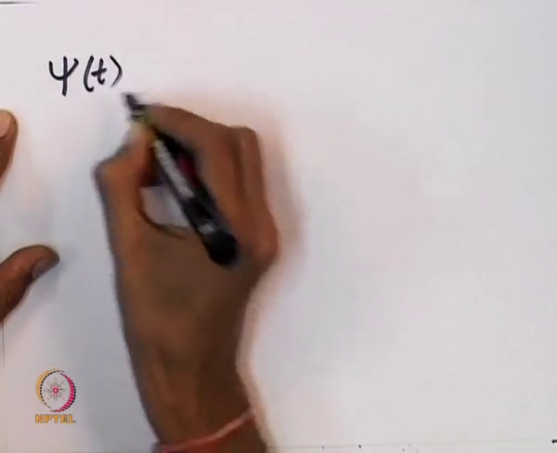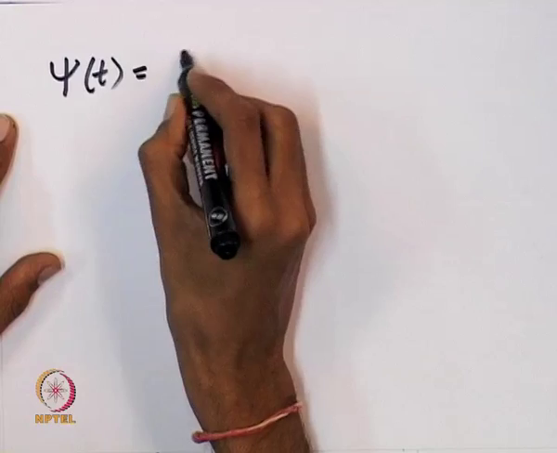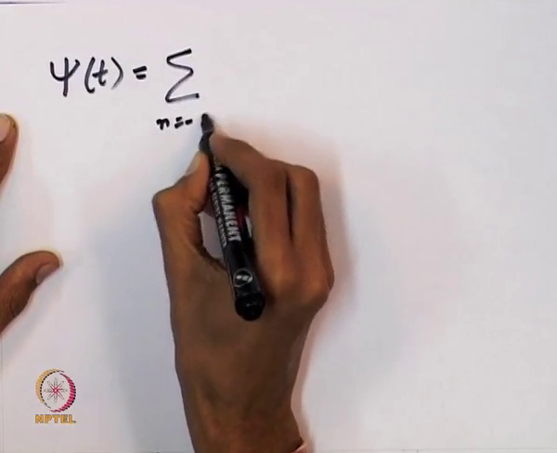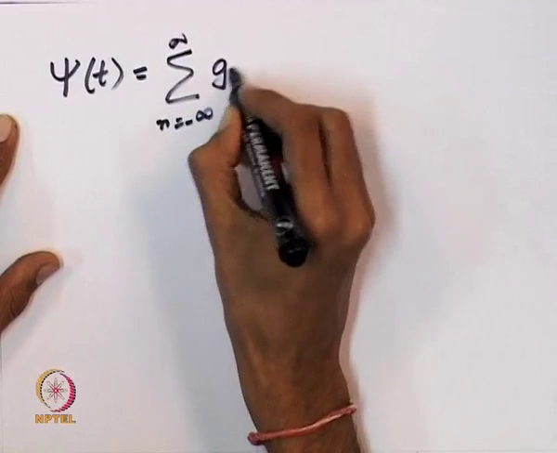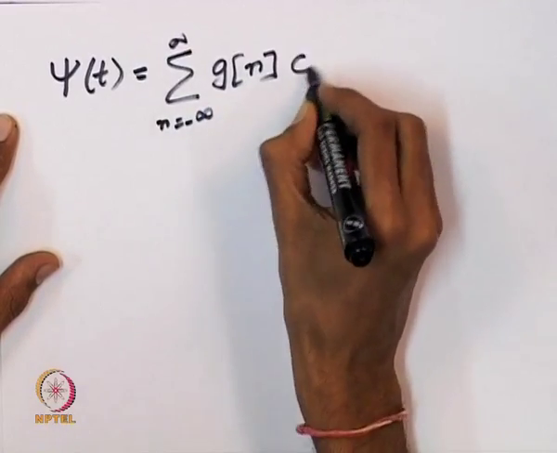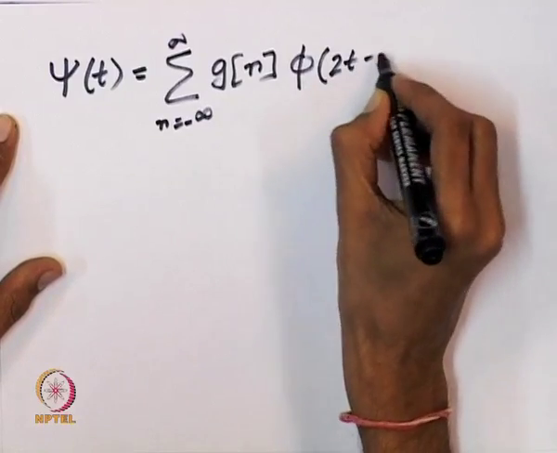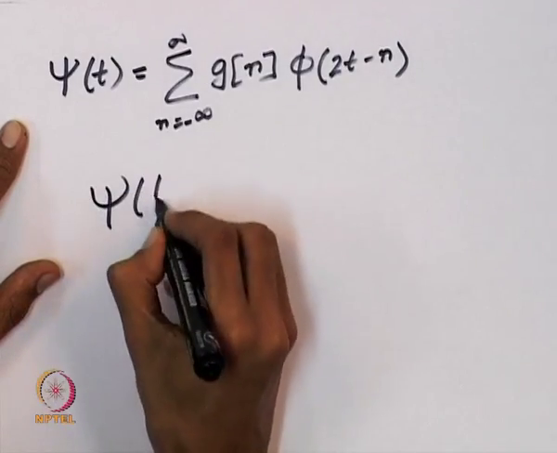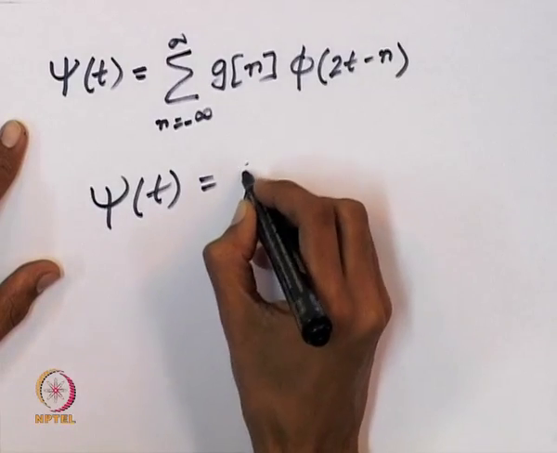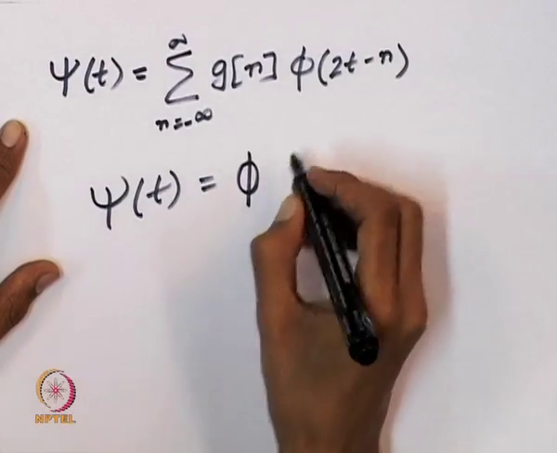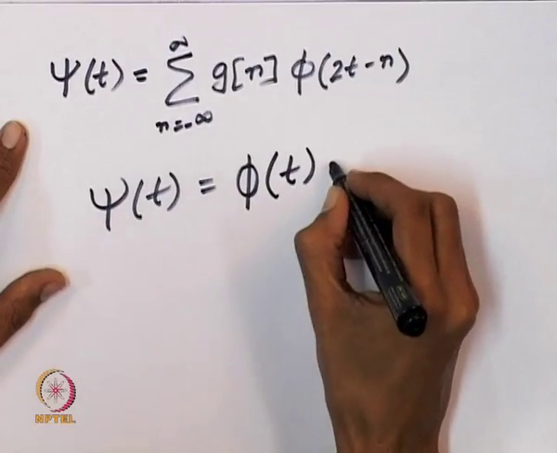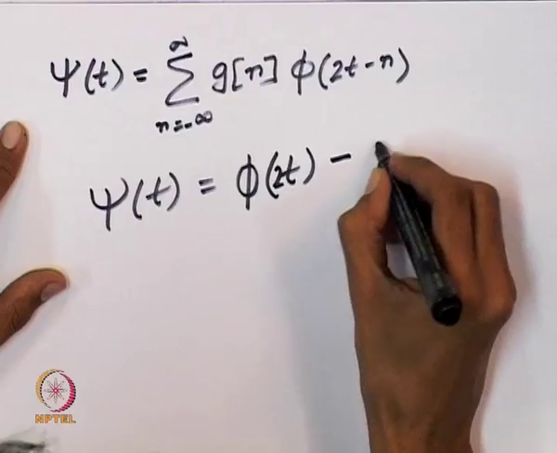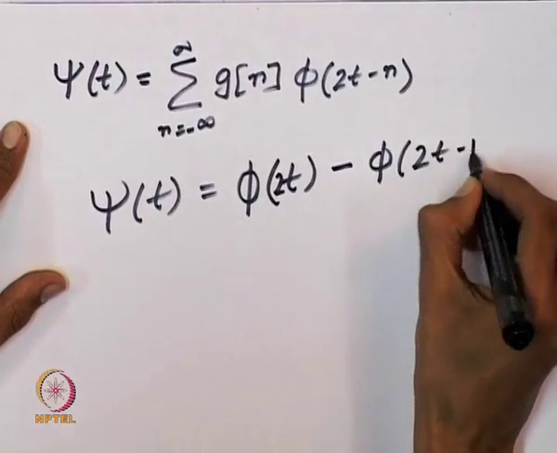Next, we will move on to how we generate the wavelet function. So, we have the wavelet function given by this expression, psi of t, n going from minus infinity to infinity, g of n phi of 2t minus n, and psi of t we can find from phi of 2t minus phi of 2t minus 1.